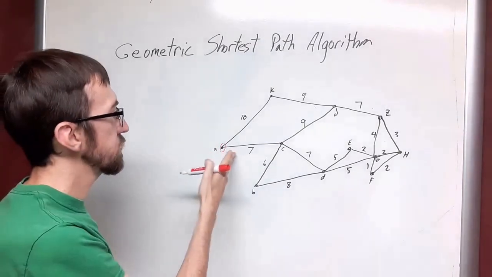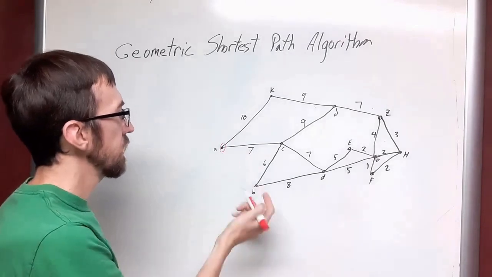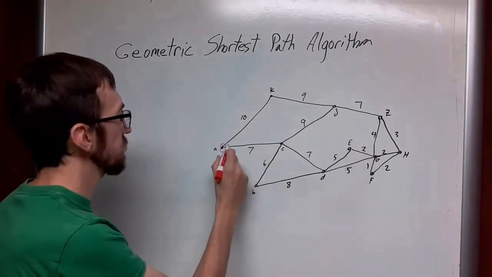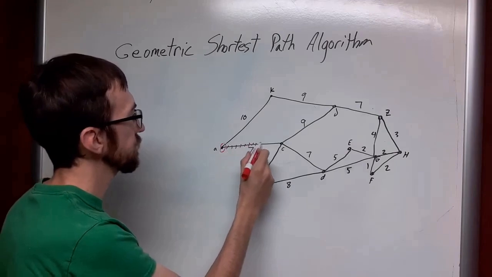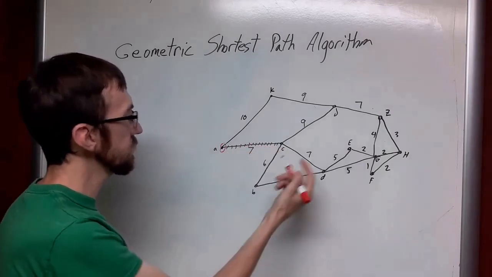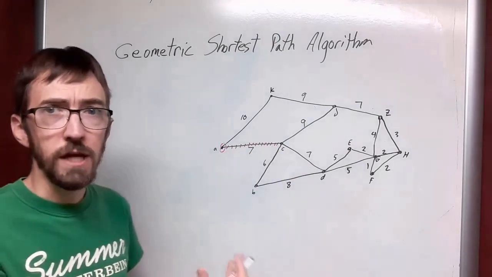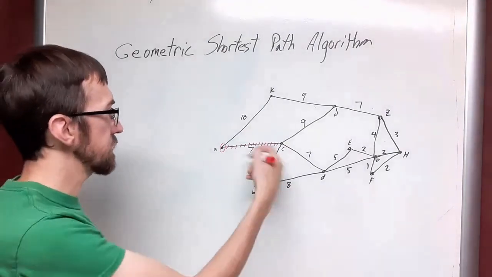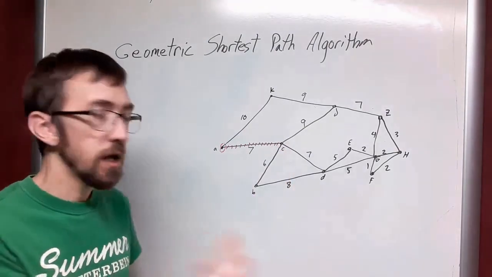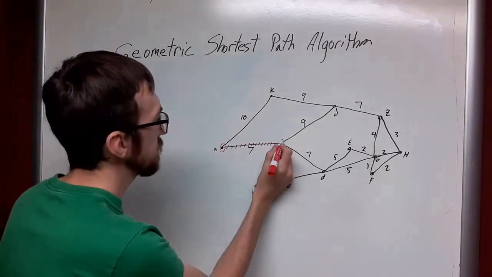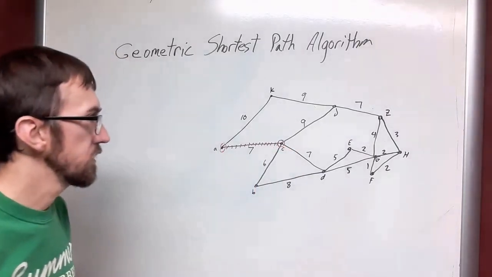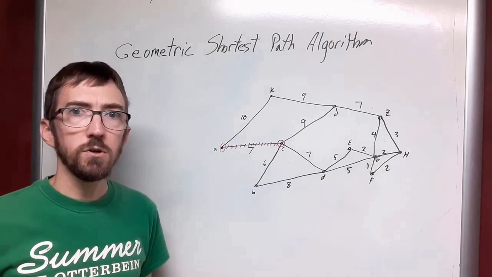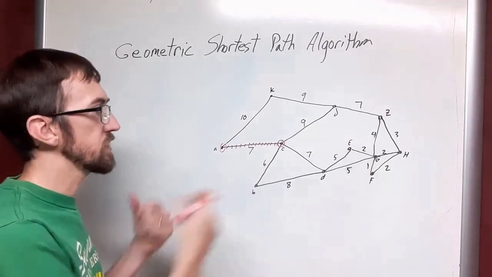We're going to choose the smallest weight, and we're going to highlight that edge. And then we're going to circle the vertex that is incident to the edge that we just highlighted. So this vertex here.